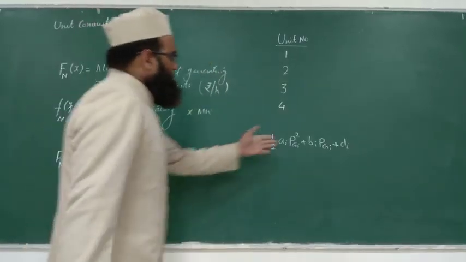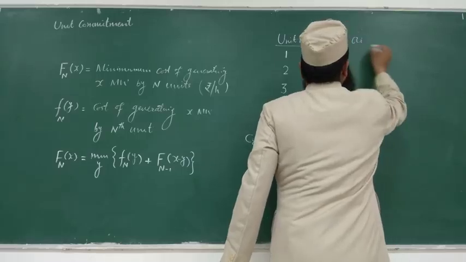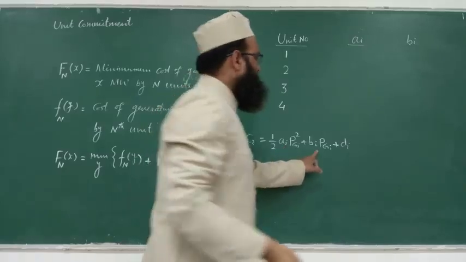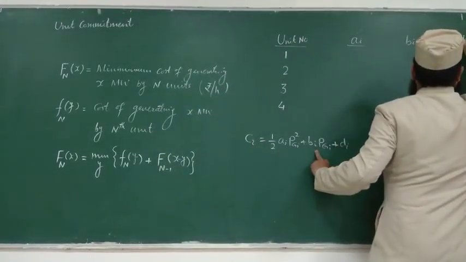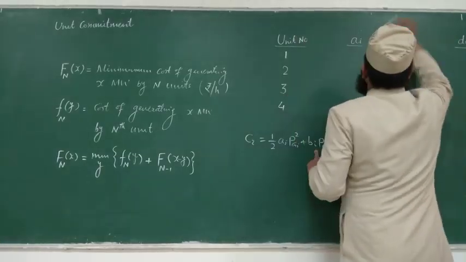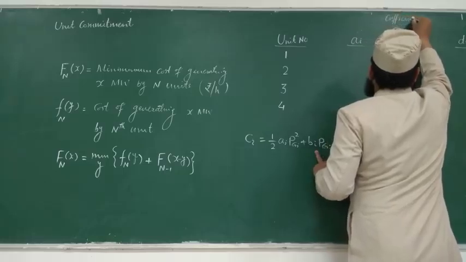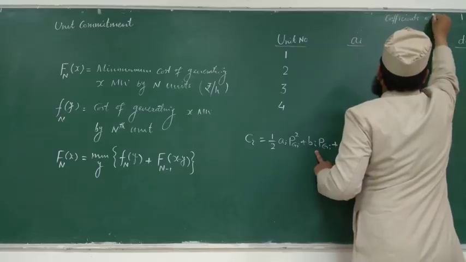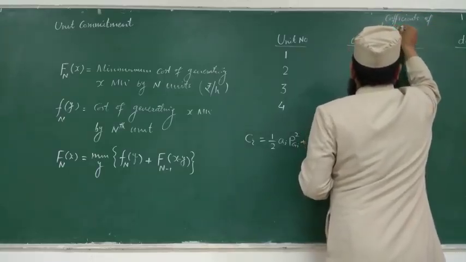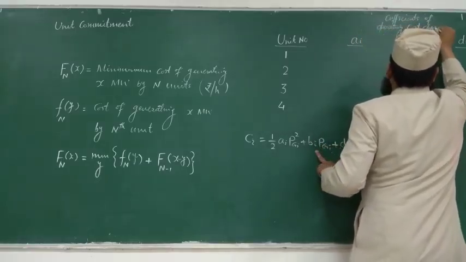Okay, so right here Ai, Bi, Di. What are these? You can write coefficients of operating cost characteristics.